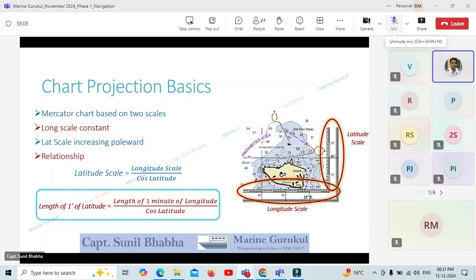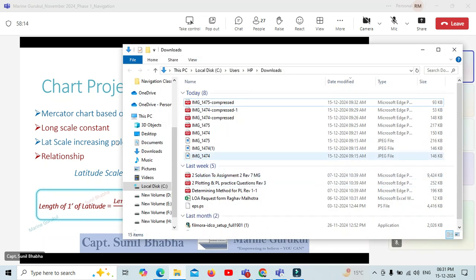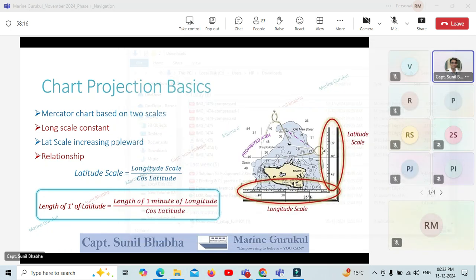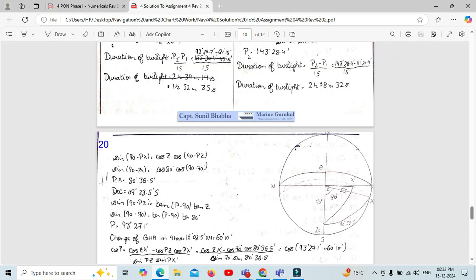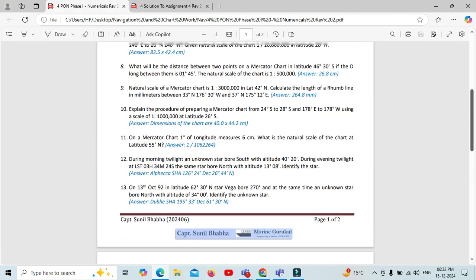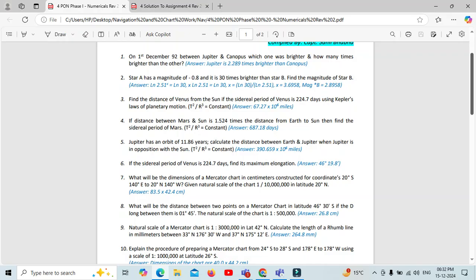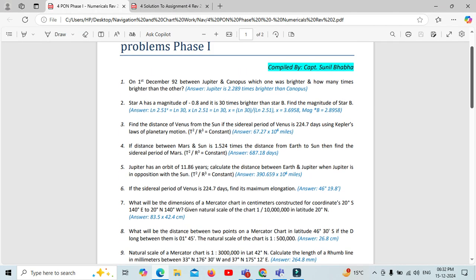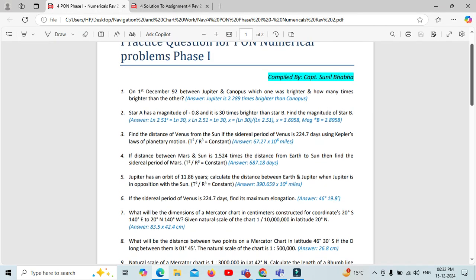But it does not happen that way on a Mercator chart. The Mercator chart has some anomalies. It is not an exact replica of the Earth's surface, beta. So there are some distortions in the Mercator chart. Because of that, the longitude scale on a Mercator chart is fixed. The latitude scale is what changes on the chart.